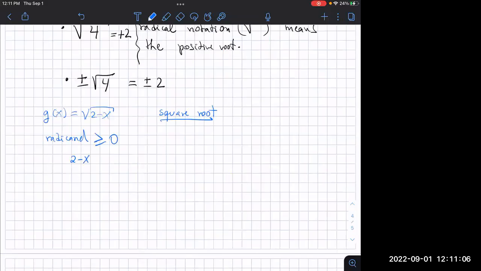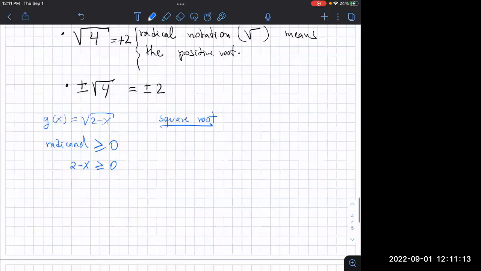Are we subtracting? Take me step by step. What quantity? Subtract 2.